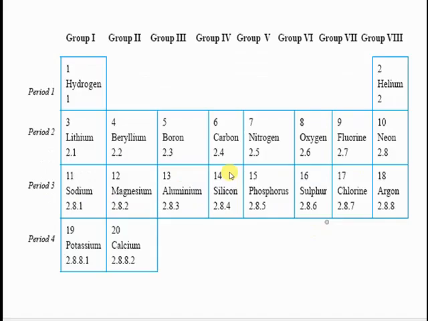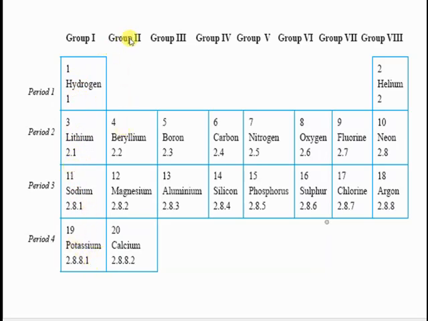Another basic information I want you to have is the simple periodic table. This is group 1 elements down the group. We call this down the group. When you have hydrogen, lithium, sodium, potassium, this is group 1. We call them group 1 because they have 1 electron in the outermost energy level. So you can see hydrogen has only 1 electron, lithium has 1, sodium 1, potassium 1 in the outermost energy level.